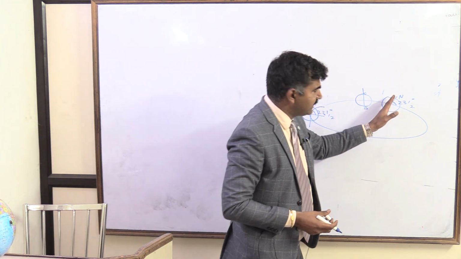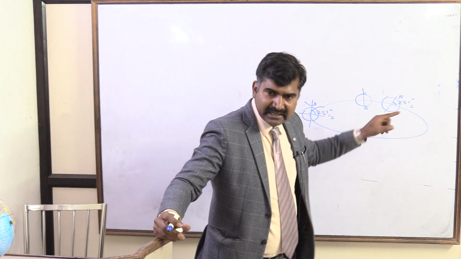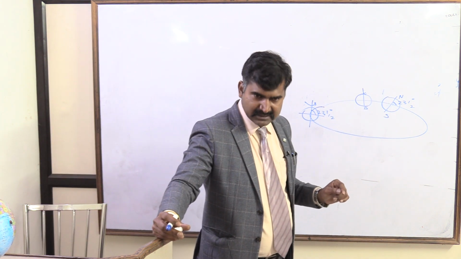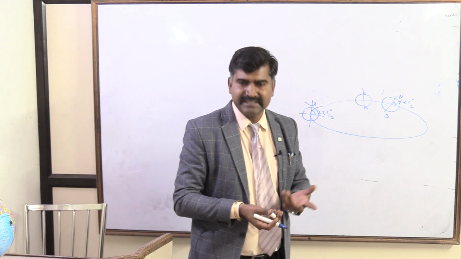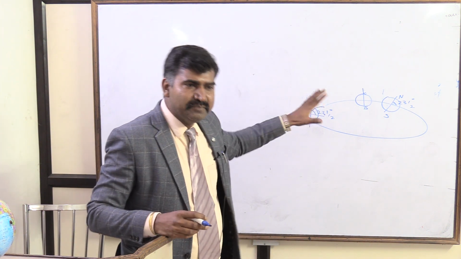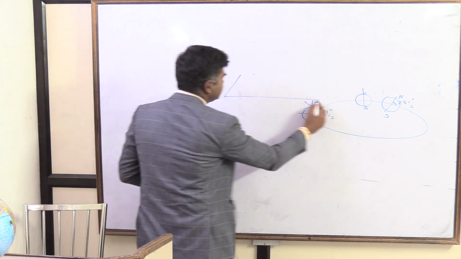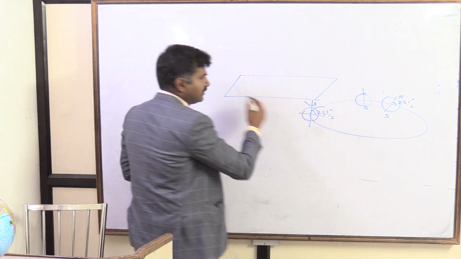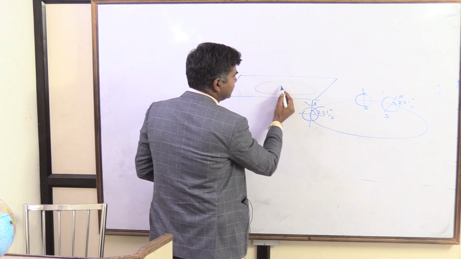First of all, we cannot have an angle between a curved surface and a straight line; it doesn't signify anything. So what it actually means is, suppose this is a plane in which Earth is orbiting the sun.